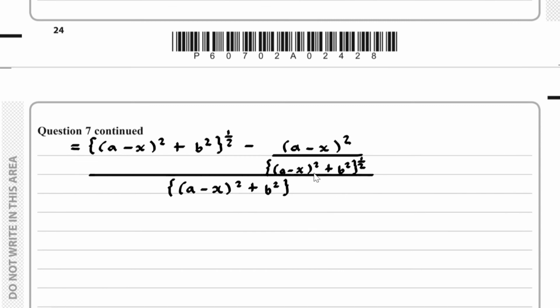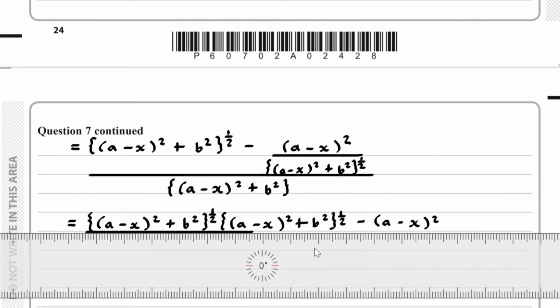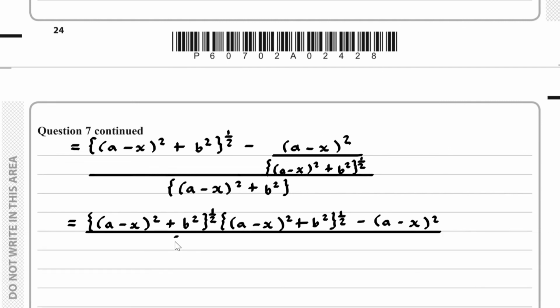And now if I multiply through by (a minus x squared plus b squared) to the 1/2, we have (a minus x squared plus b squared) to the 1/2 times (a minus x squared plus b squared) to the 1/2, subtract a minus x squared, and then I'm going to divide this result by (a minus x squared plus b squared) multiplied by (a minus x squared plus b squared) to the 1/2.